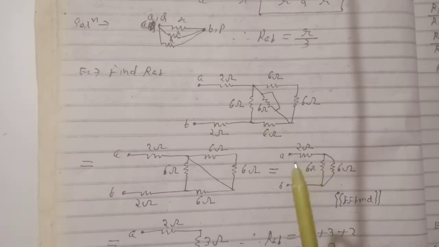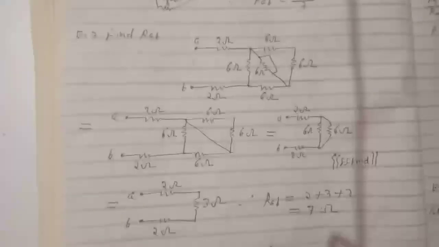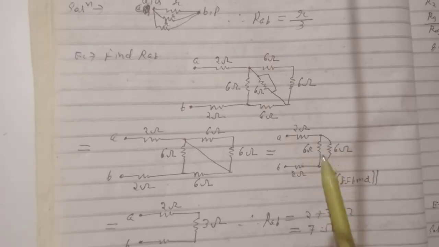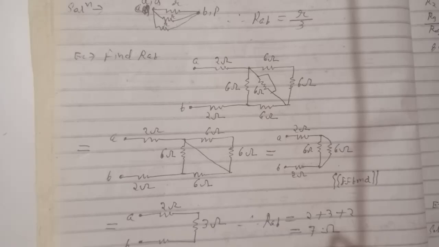And this equivalent will be 2 ohm and 6 ohm by 2 ohm. Now these two are in parallel, so equivalent resistance will be 3 ohm and 2 ohm. So finally we get RAB equal to 2 plus 3 plus 2 equal to 7 ohm.